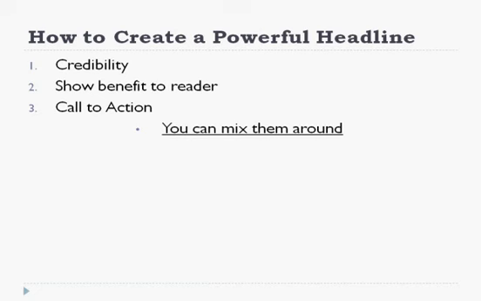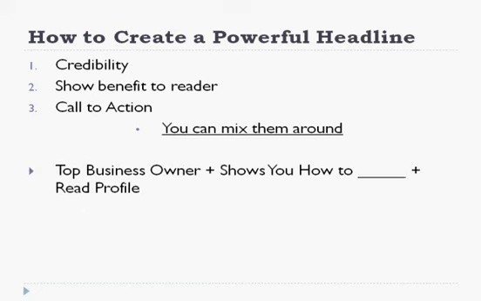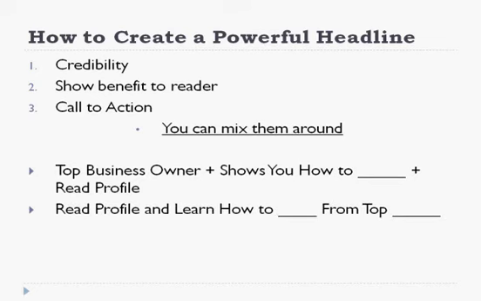For example, you can say top business owner, which is the credential, shows you how to blank, and that would be a benefit to the reader, and then read profile would be the call to action. Or you could say read profile, which is the call to action, and learn how to blank from top blank.